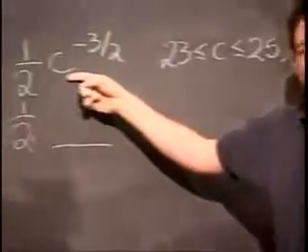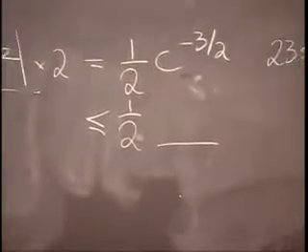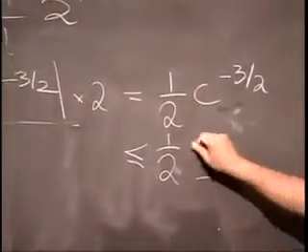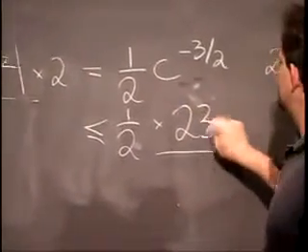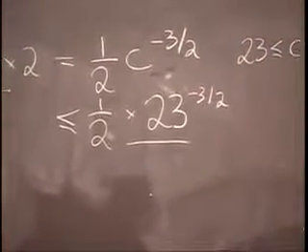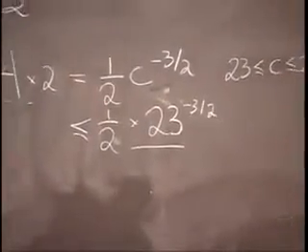Is this function decreasing in c or increasing in c? When c gets bigger, does this get bigger or smaller? It gets smaller. So the biggest value is at 23 to the minus 3 halves. And who knows what that is, but I'll tell you one unfortunate fact. I don't think this is good enough.